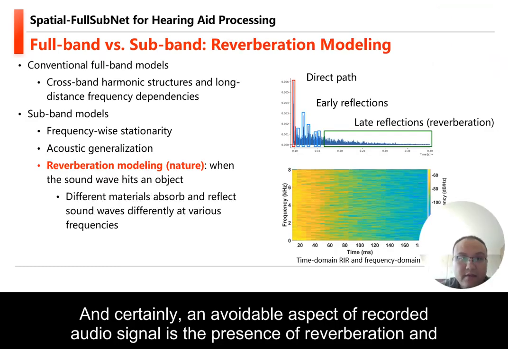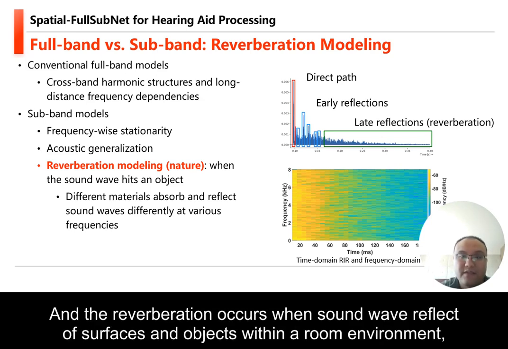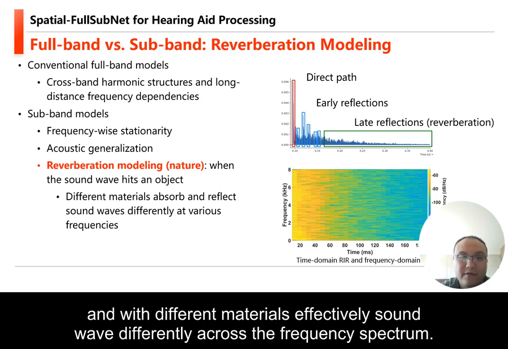And thirdly, an unavoidable aspect of a recorded audio signal is the presence of reverberation, to a certain degree. Reverberation occurs when sound waves reflect off surfaces and objects within a room environment, with different materials affecting the sound wave differently across the frequency spectrum.